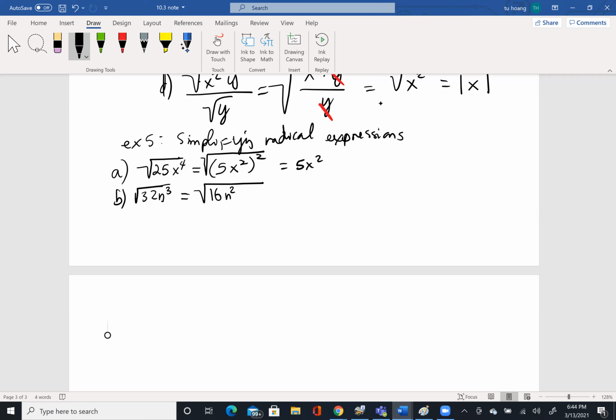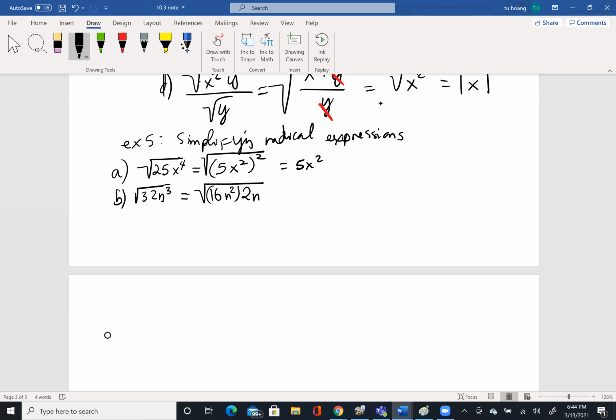Because why? Because you know that 32 can be 16 times 2, right? I use 16 because 16 here can be a perfect square, right? And then n can be rewritten as n squared multiplied by n over here, all right?